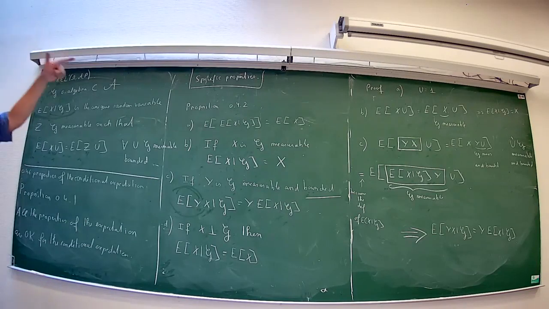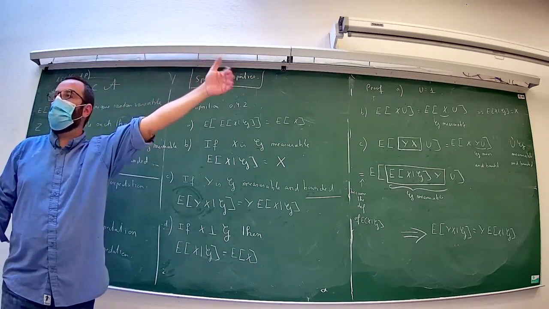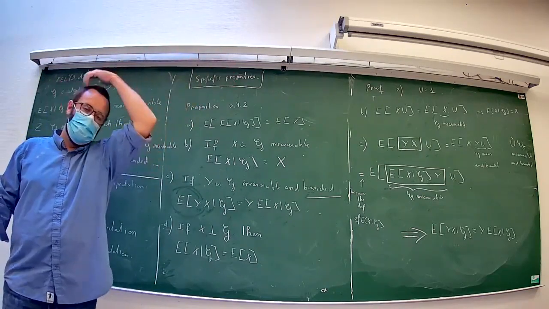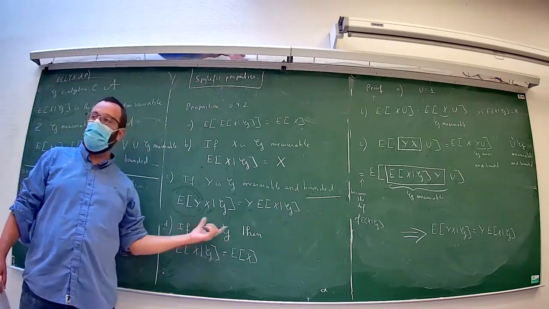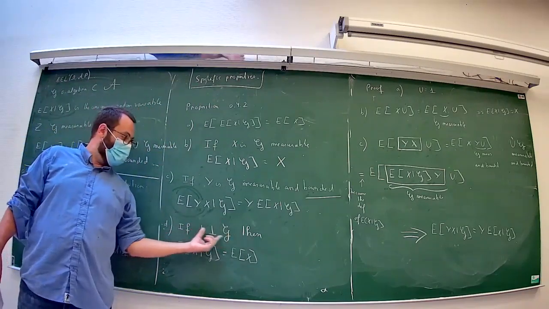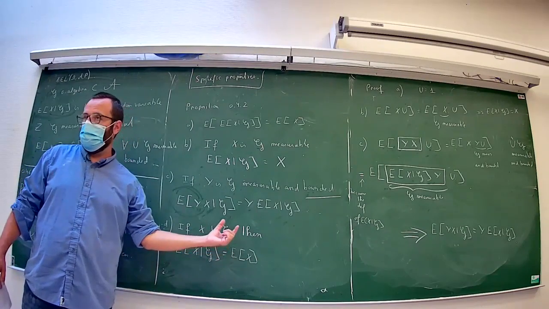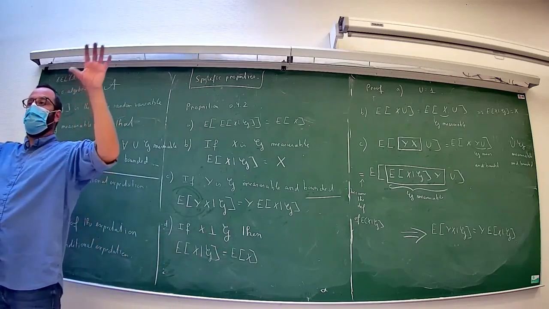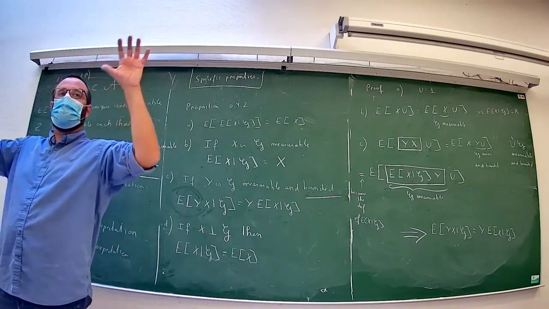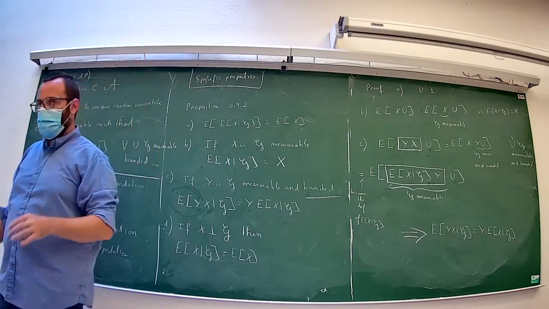I can extend this definition to sigma algebras. It has to be true for any element in the sigma algebras. And for a random variable and a sigma algebra, the meaning of this one is just sigma of x and J are independent as sigma algebras. And also, for example, if you have two random variables x and y, to say that they are independent just means that sigma of x and sigma of y are independent.